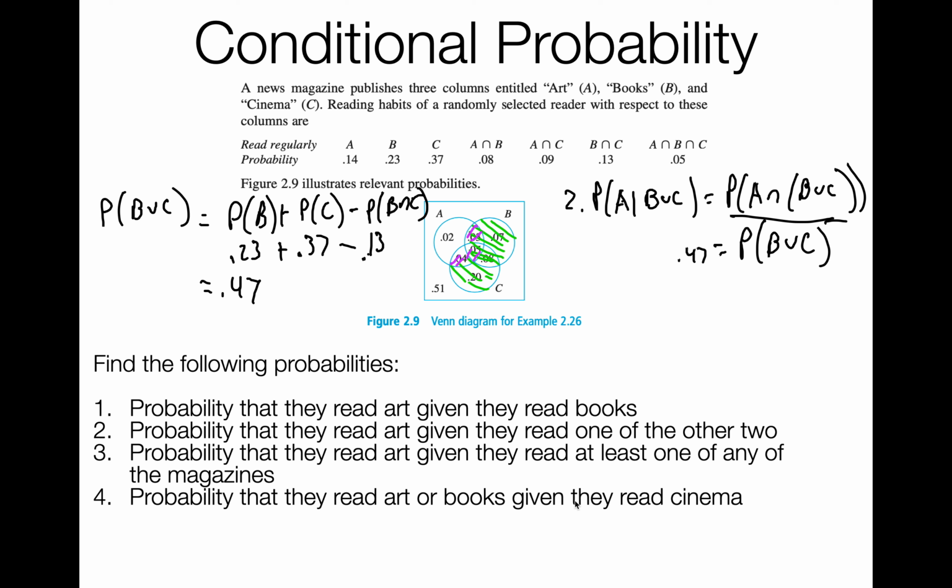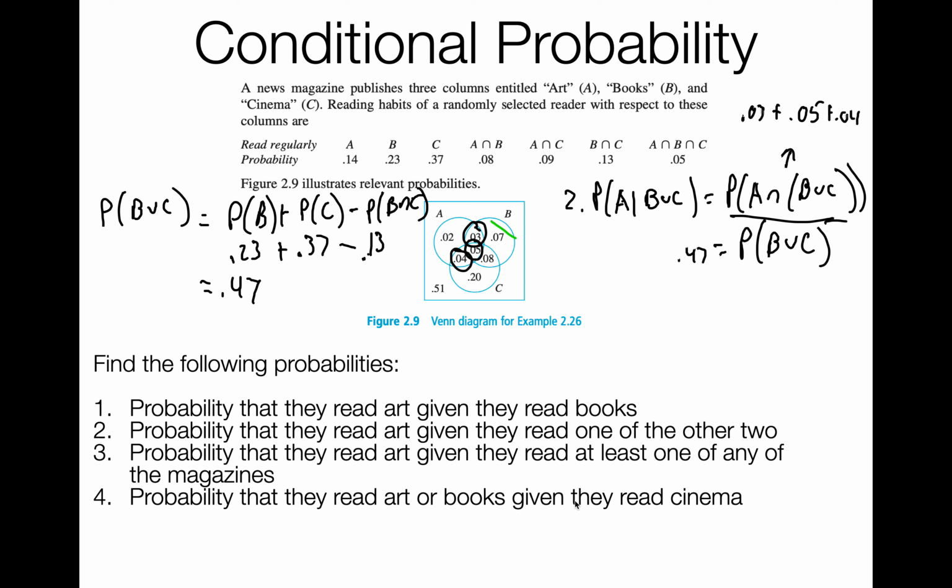And so what are the numbers in there? 0.03, 0.05, and 0.04. So the probability of the intersection of A and B or C is 0.03 plus 0.05 plus 0.04, as in this and that.